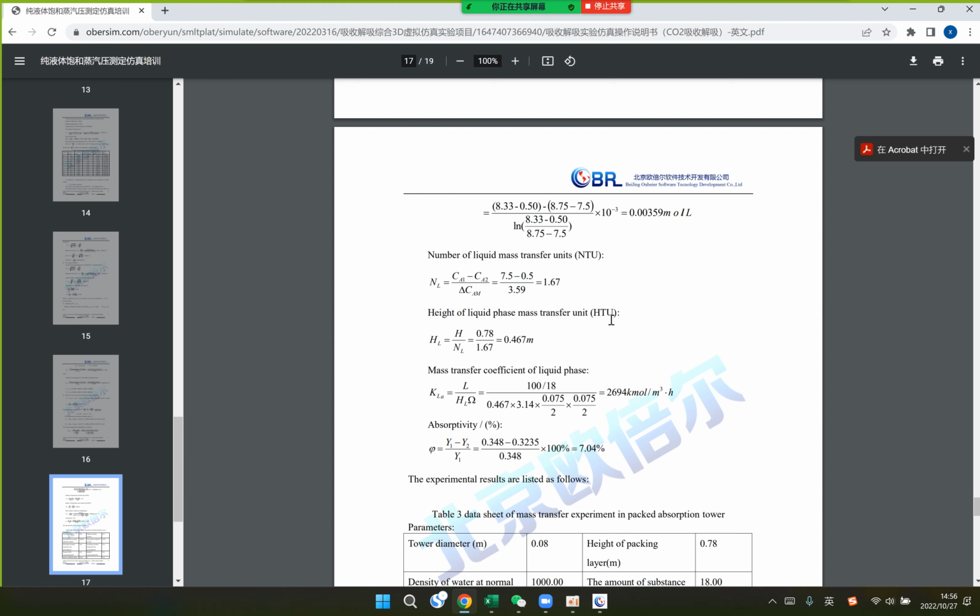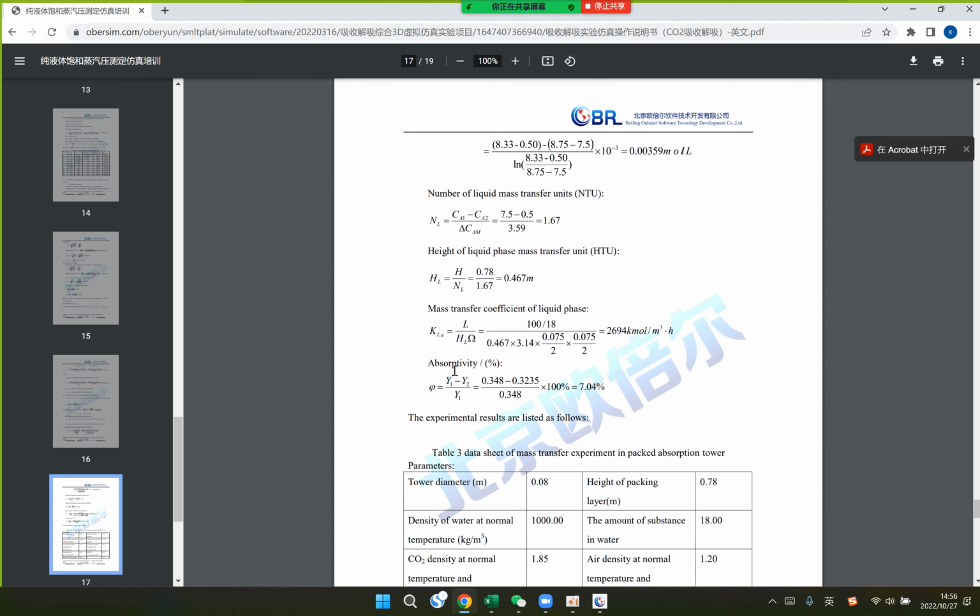You may use this way to calculate, and then you can find the mass transfer coefficient of the liquid phase. Okay, so the big K, how much it is, and then finally you will get the absorptivity, which is how much carbon dioxide can be absorbed in this tower.